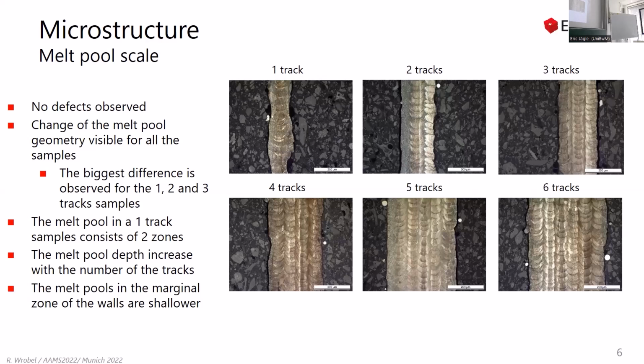And starting from the 3 track sample, the melt pools are entering almost a transition or nearly keyhole mode. But it is also important to note that on the side, each melt pool in direct exposure to the powder, to the surface of the wall, is way shallower and flattened towards the surface.